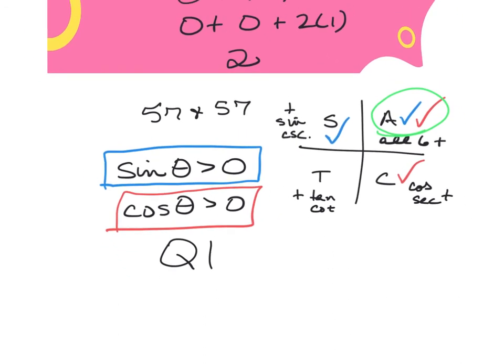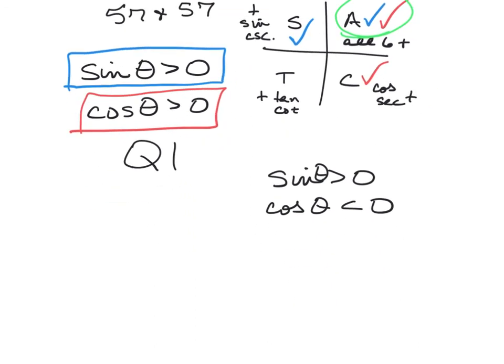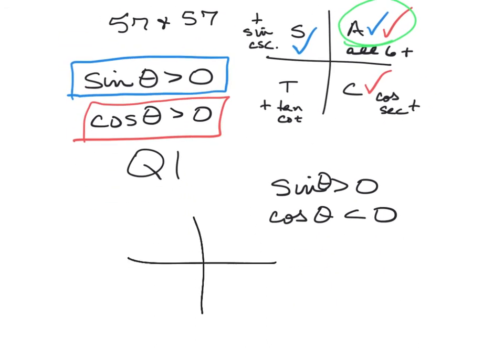So let's change the problem. So let's say where sine is greater than 0 and where cosine of theta is less than 0. So let's go back and do our thing again. All students take calculus. So I know sine is positive here and here.